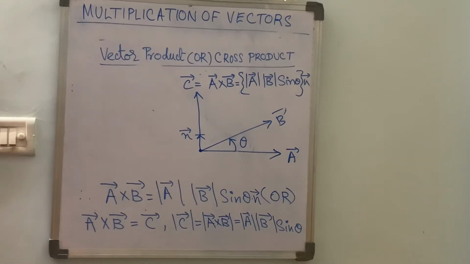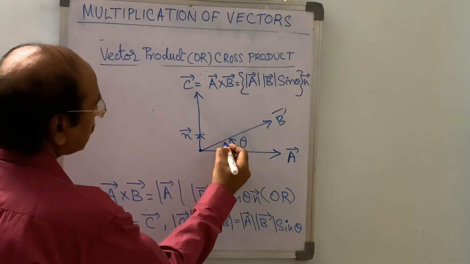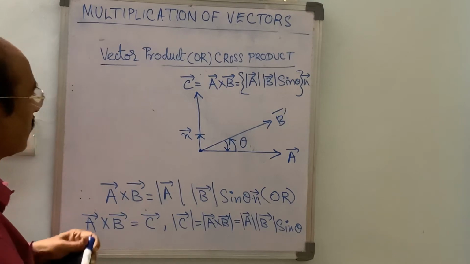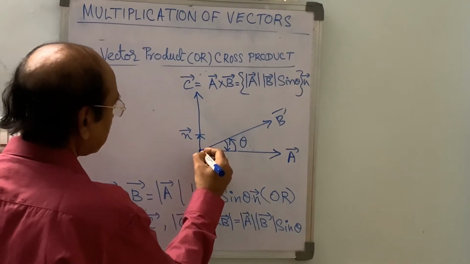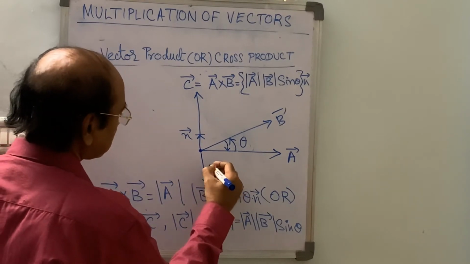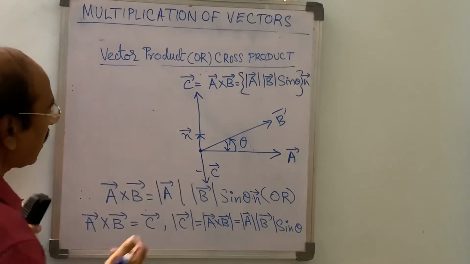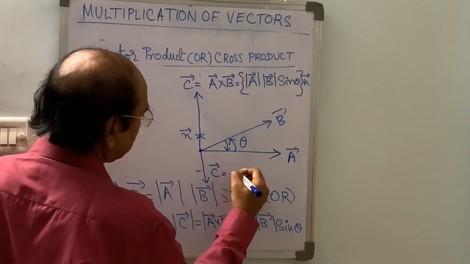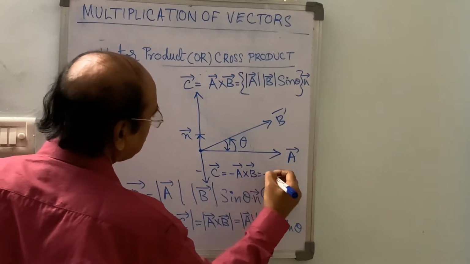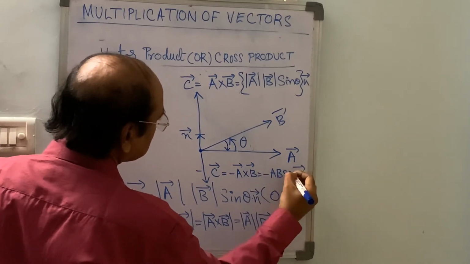Now when we take this in the anti-clockwise direction, the resultant is not in the upward direction, it is in the vertically downward direction. This is because it is the negative vector of c bar, in the opposite direction, so it is equal to minus of a bar cross b bar, that is equal to minus ab sine theta into n bar.